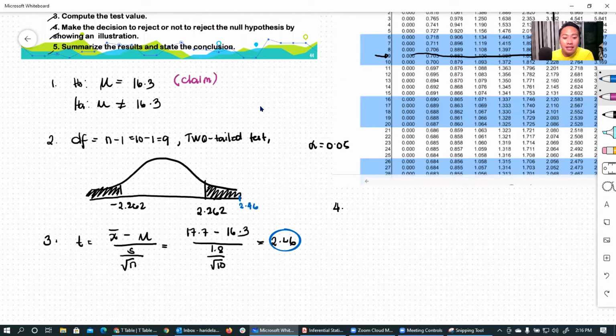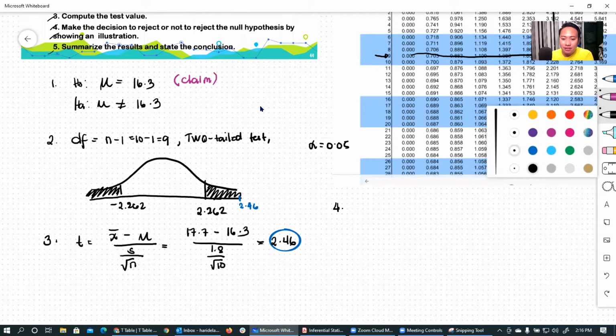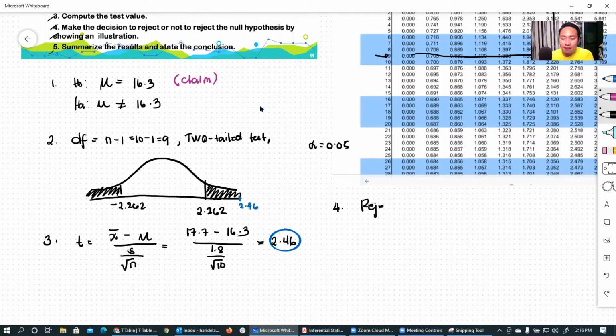This means our decision for step 4 should be to reject the null hypothesis. That leads us to our conclusion.